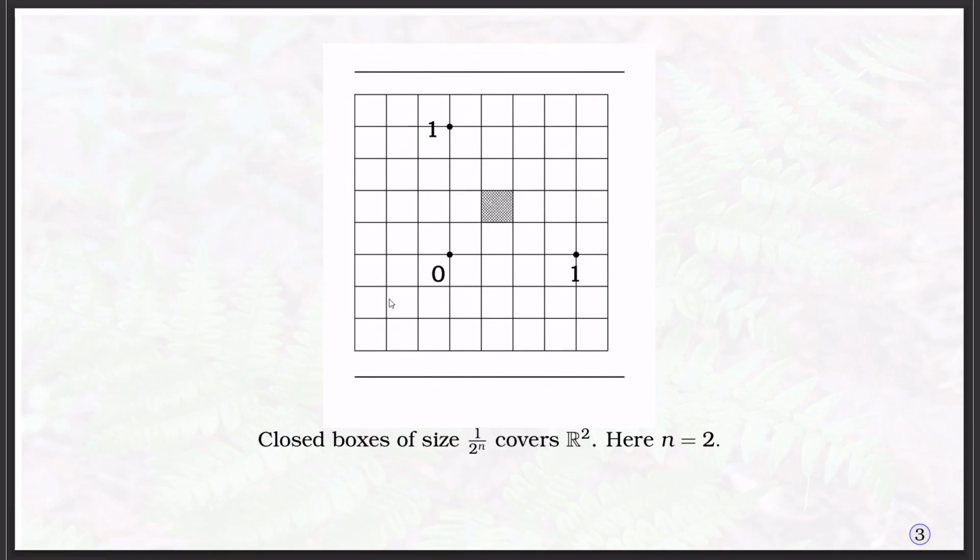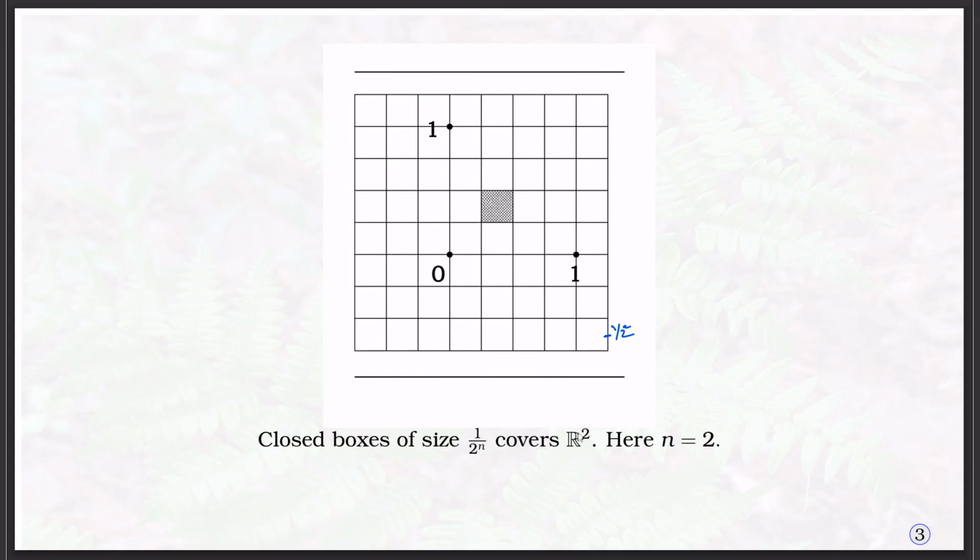Consider this space. Now, consider this box of size 1 by 2. Then if we increase to 1 by 4, that is 1 by 2 power 2, it will become like here. Then the box has side length 1 by 2 power n.